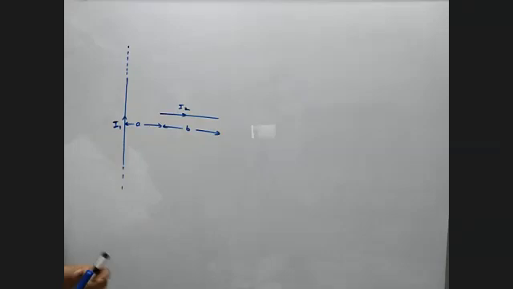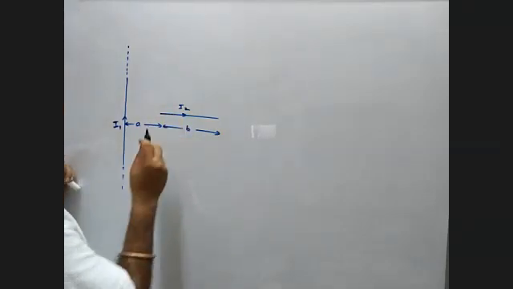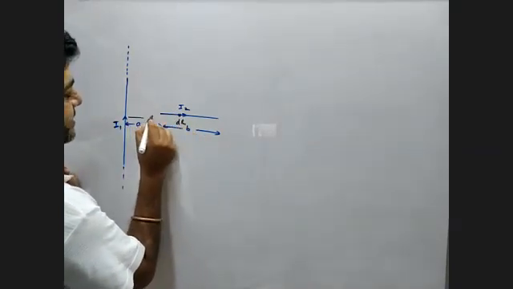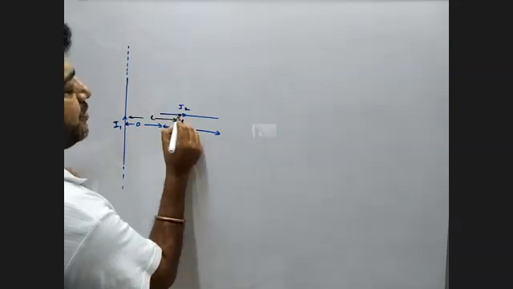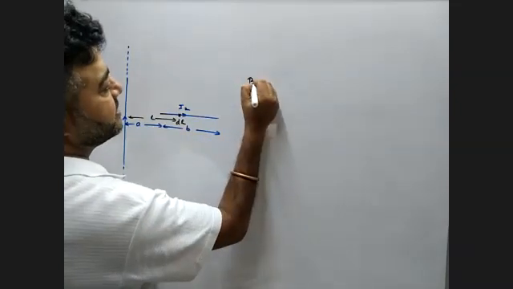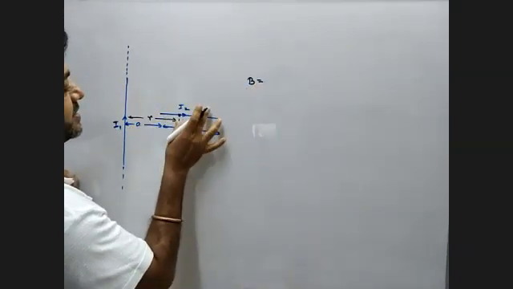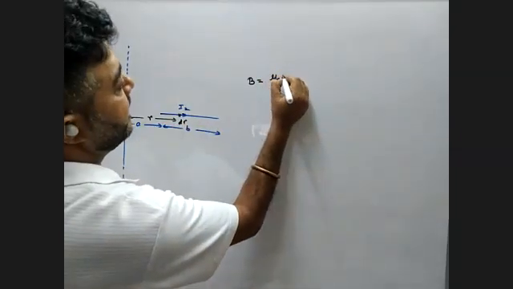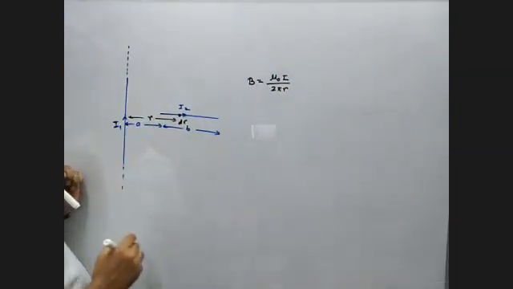See, we can imagine a small elementary length dl, which is at a distance r from the wire. So what is the magnetic field at that point? Magnetic field is at r, so then this is dr. Mu naught I1 by 2 pi r, that is my magnetic field here.